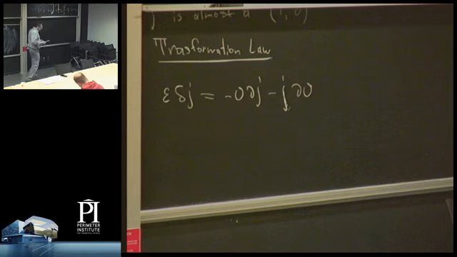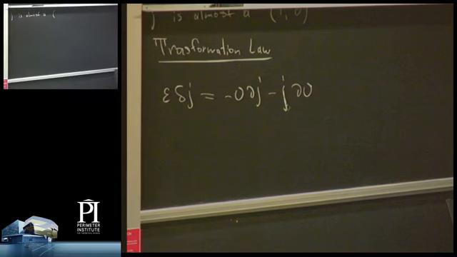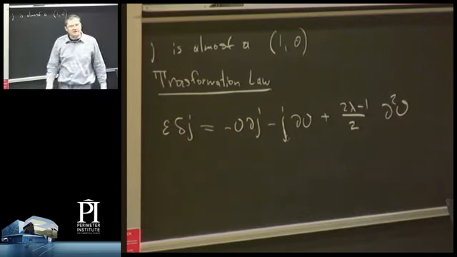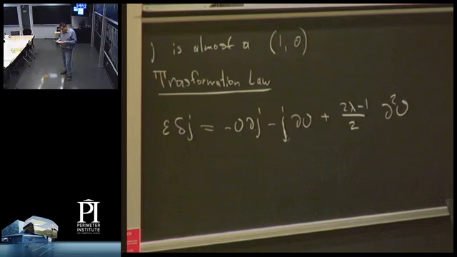And so you can see that J is almost a field of scaling dimensions 1 and 0, right? Conformal weights 1 and 0, but not quite because of that anomalous term. And so now, once we know the OPE, we can ask about the transformation laws.